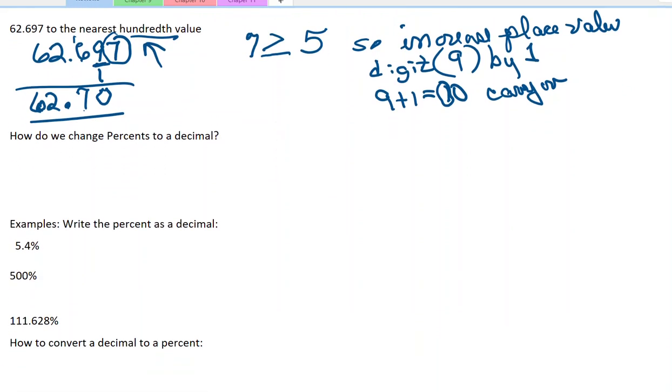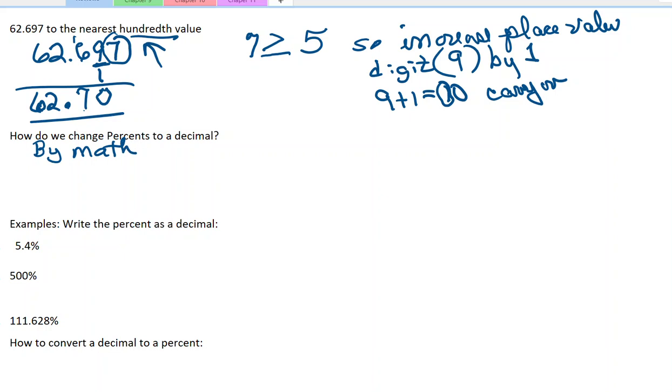Very good. So how do we change a percent to a decimal? Well, this is pretty easy. Now we can do it the quick and dirty way, or we can do it by math. So by math. All right.